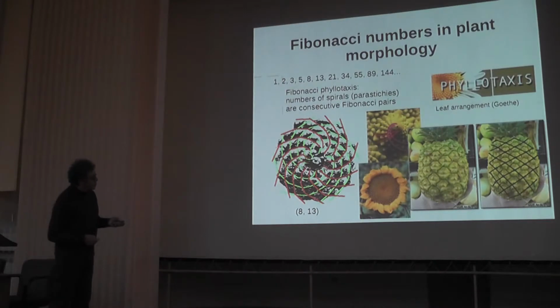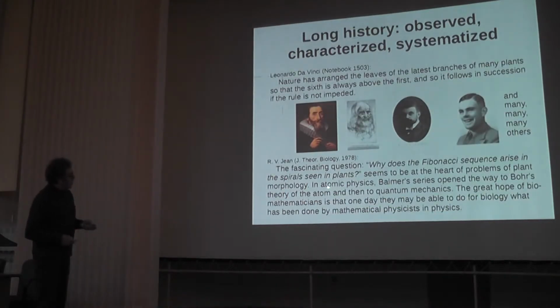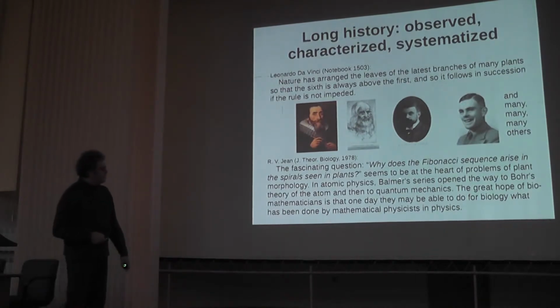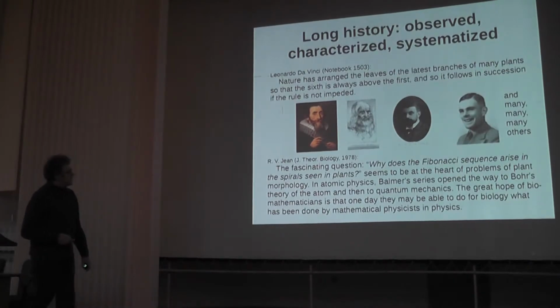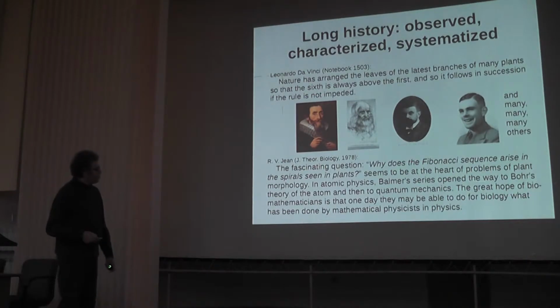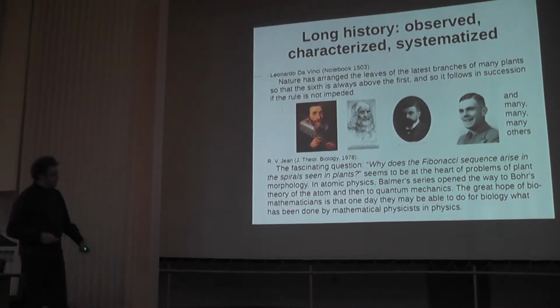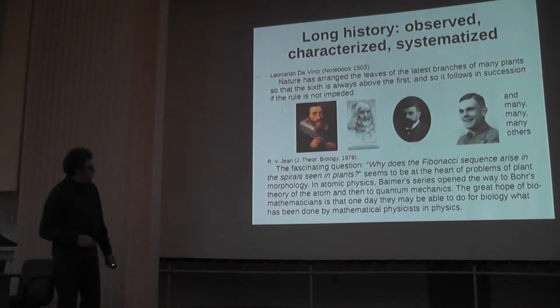So there is a question why, and some biologists realize that it's an outstanding problem. I like this quote from this paper that says that to explain the Fibonacci series is almost as important as to explain the Balmer series in spectroscopy, and that the same thing should be done for mathematical biology.